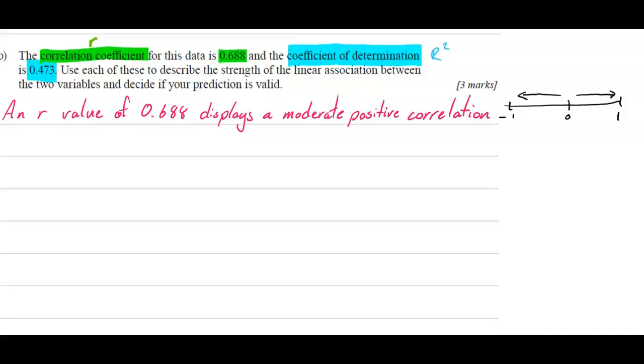So in this scenario, an R squared value of 0.473 suggests that approximately 47% of the variation in the number of fish caught, which is on our y-axis, can be explained by the amount of hours spent fishing, which was on our x-axis.